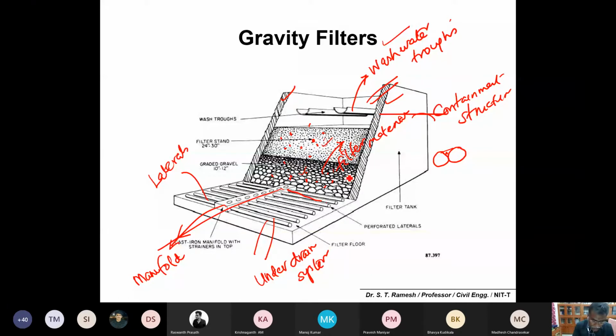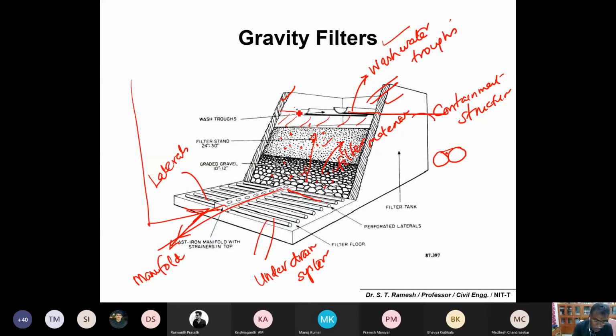The efficiency of the filter will come down, and you stop the filter and then reverse the flow. You allow the pressurized water to flow from bottom to top. So what will happen because of this pressurized water? The bed will rise, because with the high pressure water, the particles which were clogged or trapped between the pores will be loosened up, and the bed will expand.